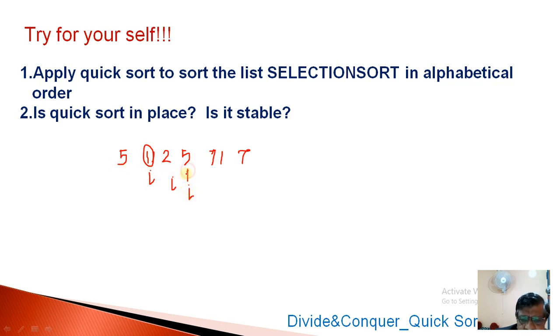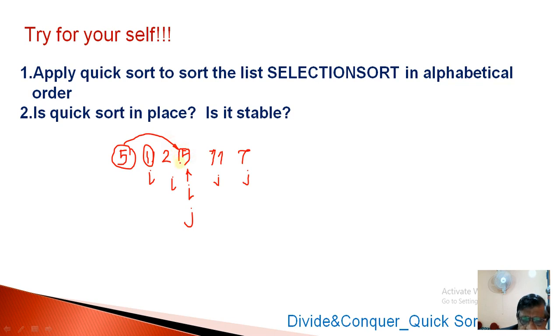And j will start moving because 7 is greater than 5, and 11 is greater than 5, and j will come and stand over here because this element is equal to the pivotal element. Then the pivotal element 5 will be swapped with this element.